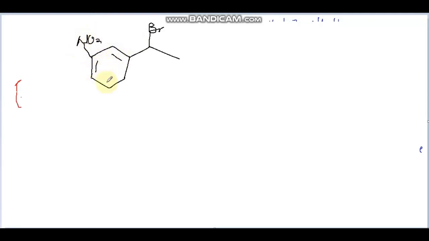So you have a benzene ring bonded under a benzene ring. Let's say you have a sulfonic acid group. This is a benzene ring and cyclohexane.